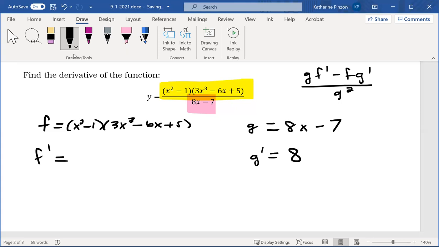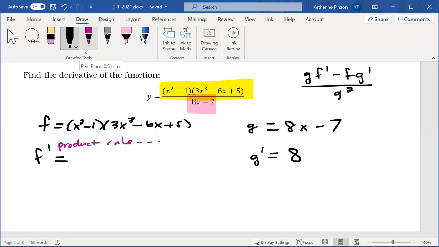In order to take the derivative of f, I need the product rule. Okay, product rule says derivative of the first, 2x, times the second, plus first times the derivative of the second, 9x squared minus 6.